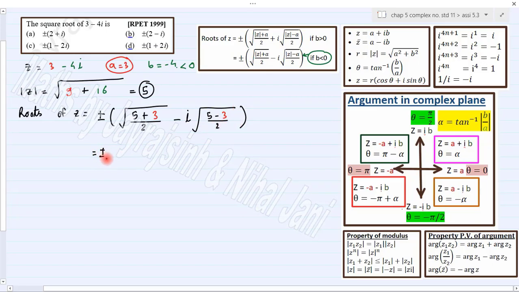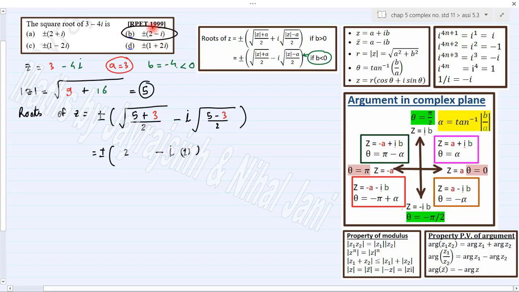So here we'll get plus or minus [under root of (5 plus 3, or we can say 8 by 2), which will give us root 4, which is 2, minus i times 1]. So plus or minus (2 minus i) is your final answer, which is given in option B. Ta-da!